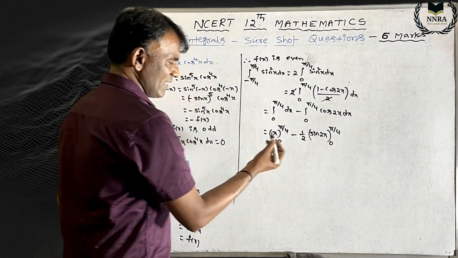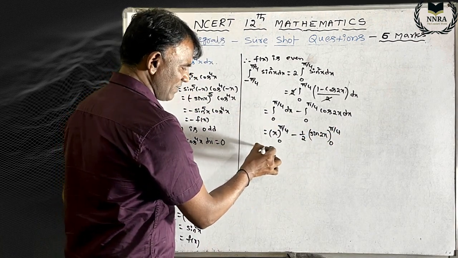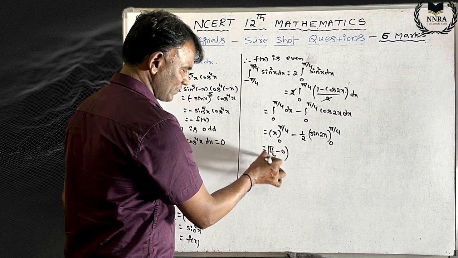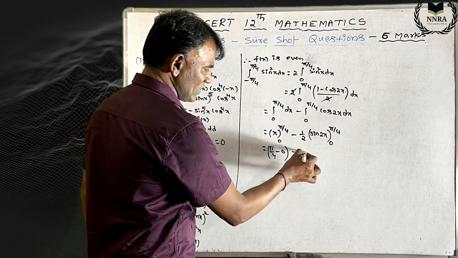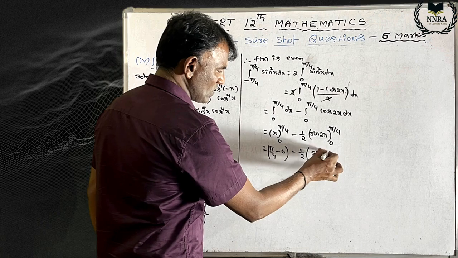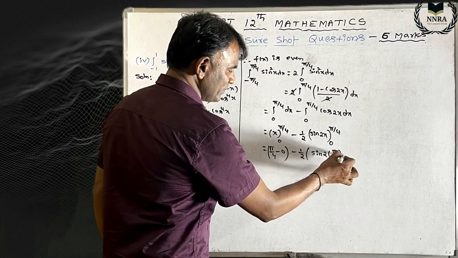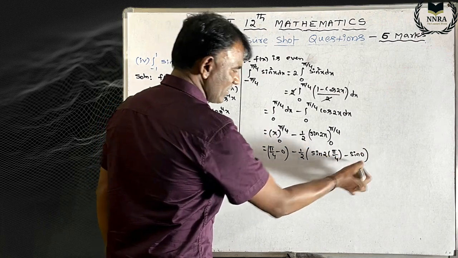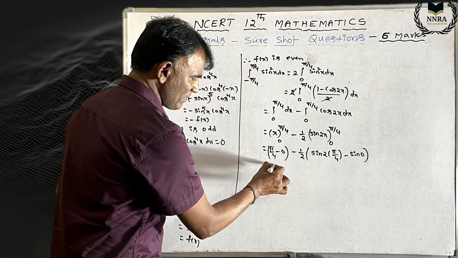Then how to write it? Upper limit is pi by 4, lower limit is 0. And coming to this, 1 by 2, so sin 2 of pi by 4 minus sin 0. Clear?